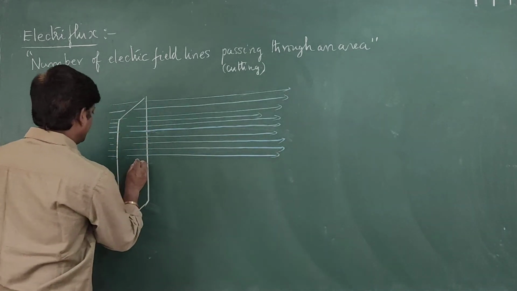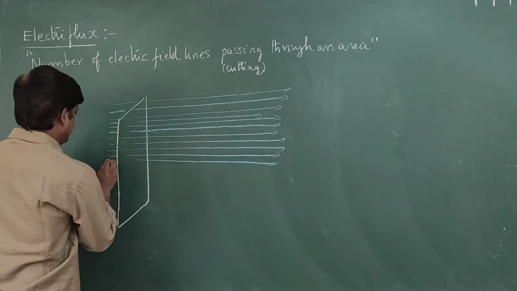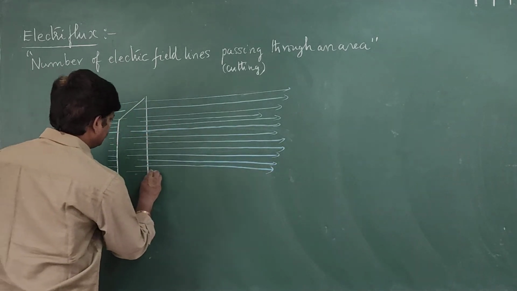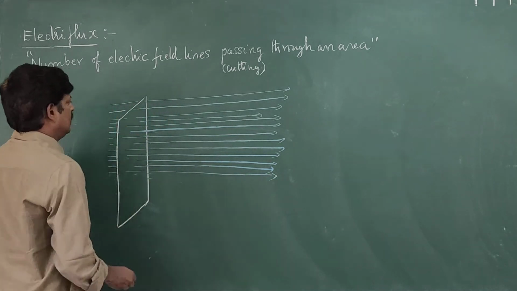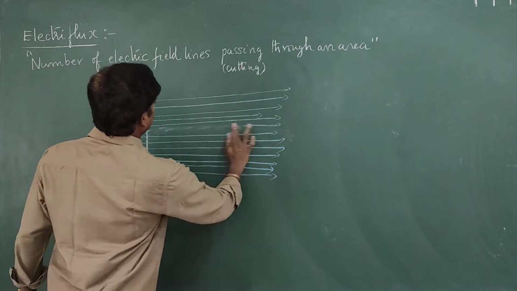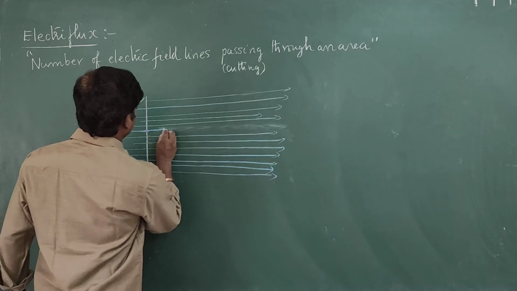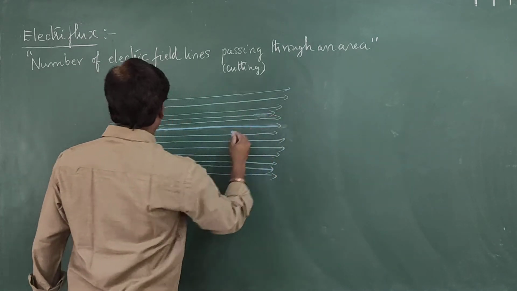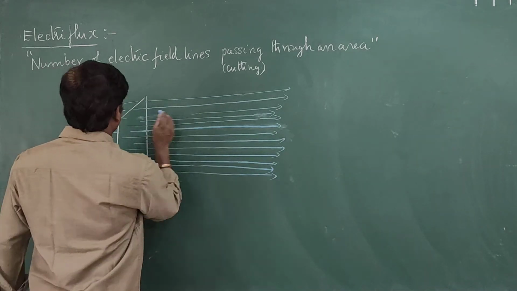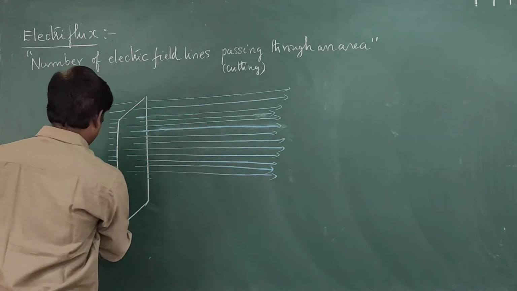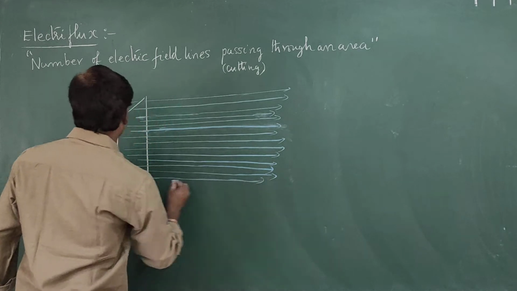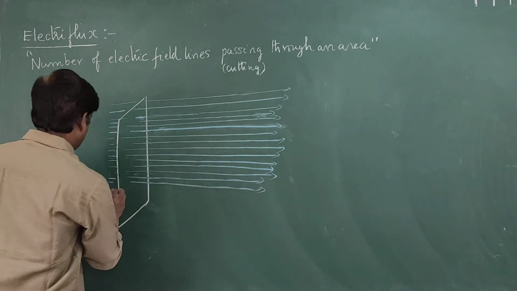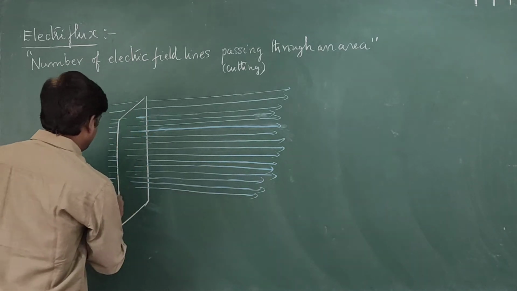So there are many lines crossing the area, and the electric field is uniform. Assume that the electric field is uniform because all the lines are parallel to each other and equally spaced.